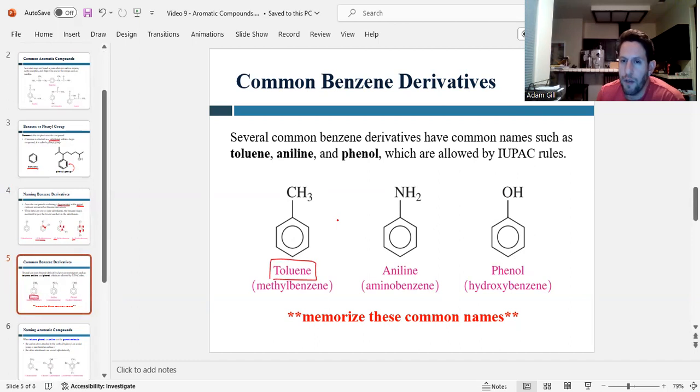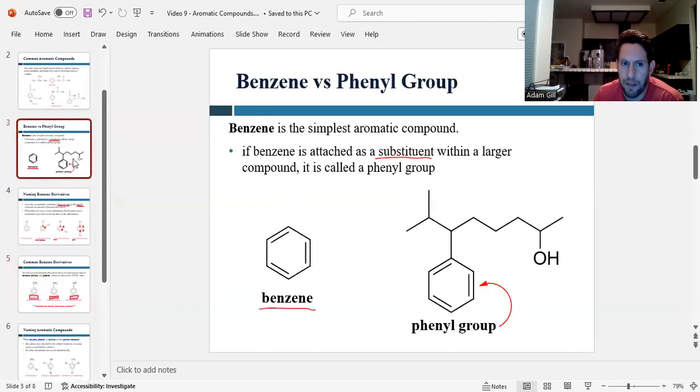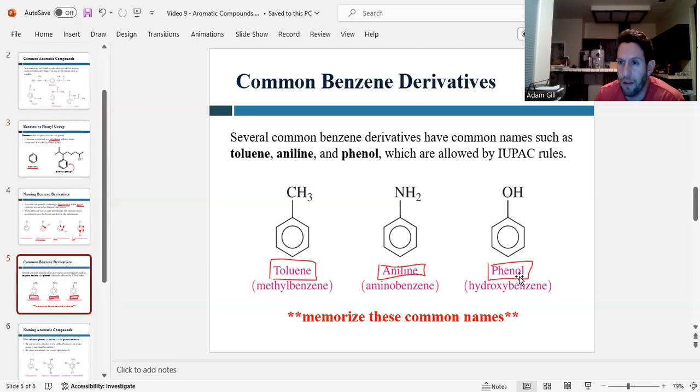If you have an NH2 attached to benzene, it's known as aniline. And if you have an OH or an alcohol attached to benzene, it's known as phenol. The OL is different than the YL. YL is phenyl. OL is phenol. So phenol is OH on a benzene.